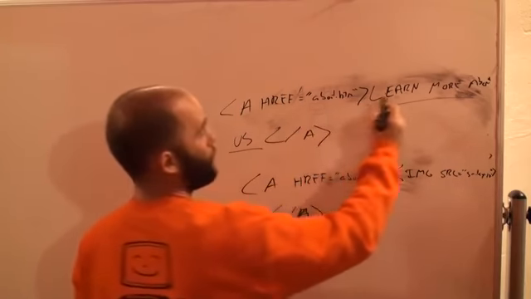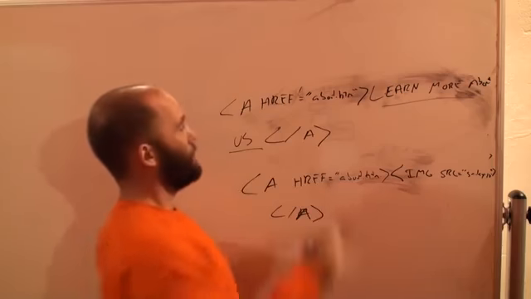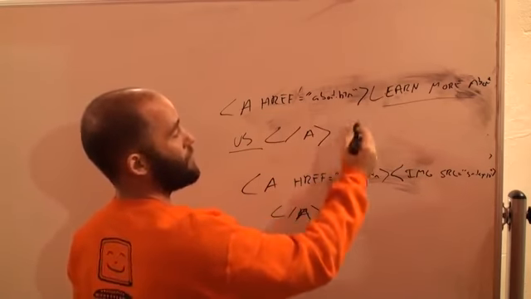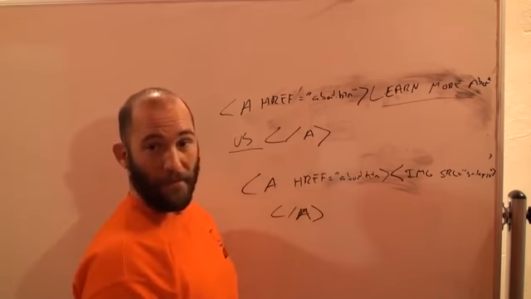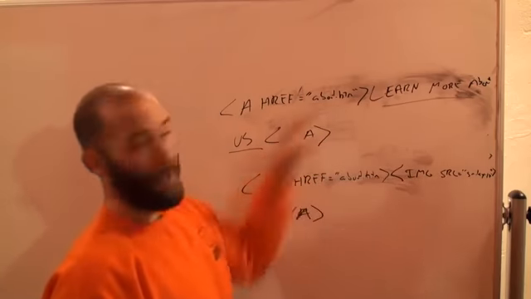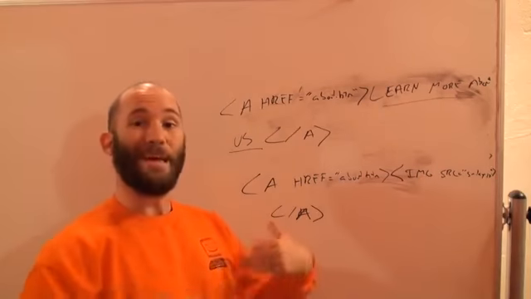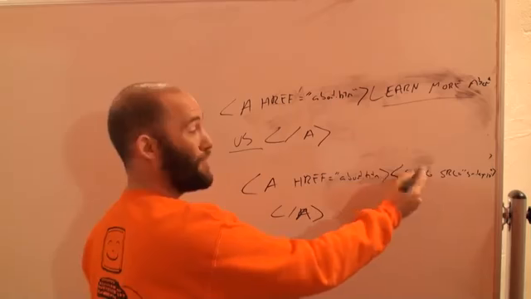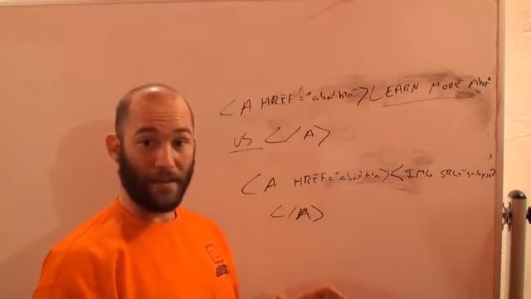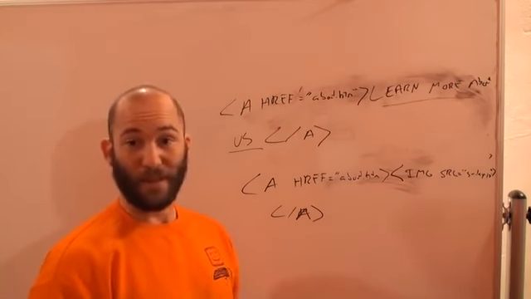So if you want learn more about us to be the hyperlink, you do a href equals about.htm, you write out learn more about us, and then close the a tag, and learn more about us will now be the hyperlink. If you want a picture to be the hyperlink, you would do a href about, and then you just put the img src tag in the middle of that. That's all. It's pretty simple.